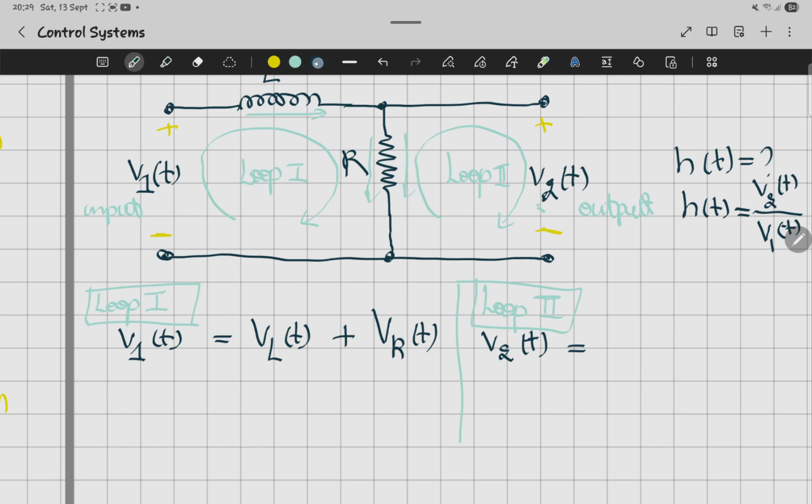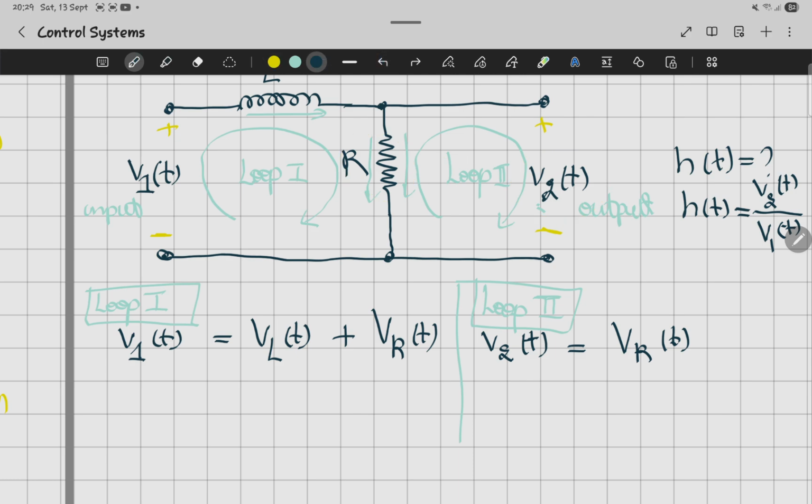It's going to be the voltage there, since they are in parallel, so we get Vr of t. For the second loop, the voltage that you see here is equal to this voltage. And for this one, it's the sum of this voltage plus the voltage that you see there on the first loop.